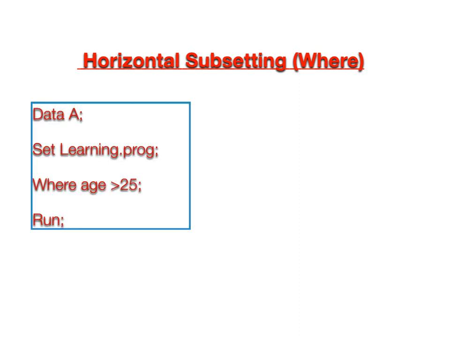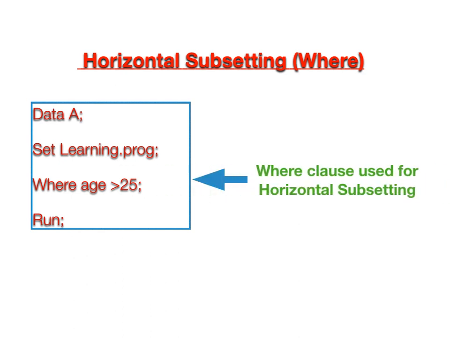So the next topic is horizontal subsetting via where clause. The syntax is the same that we used for the if clause. The difference is that in place of if, I am writing where. That's it. And the output will also be the same.